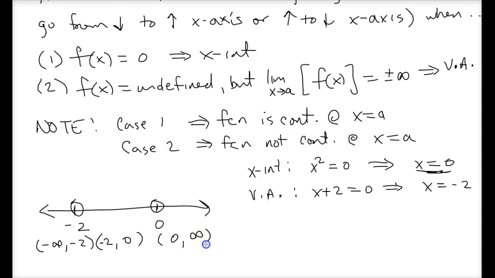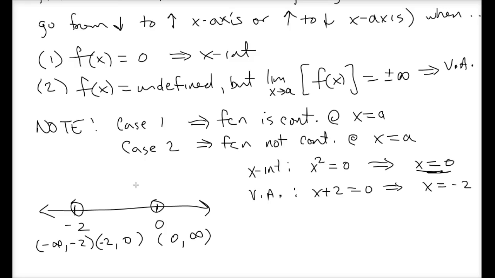And so we're going to test all of these intervals using test values to see if it's going to be positive or negative, or put another way, seeing if it is below the x-axis or above the x-axis. Okay.